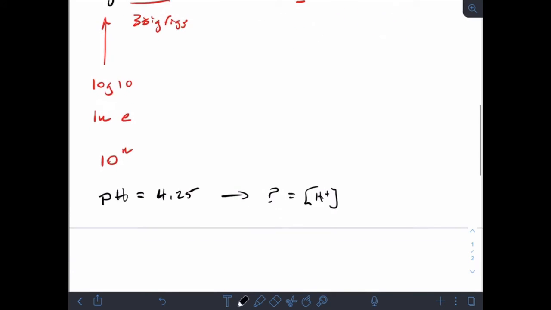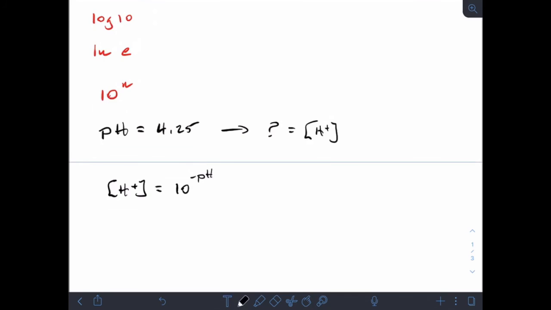I'm going to say that H plus is 10 to the negative pH, so I'm taking the anti-log of the pH. In this case, 10 to the negative 4.25. Punch that into the calculator, and I get 5.6234 times 10 to the minus 5.